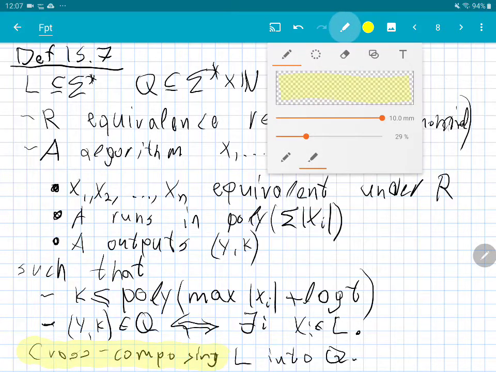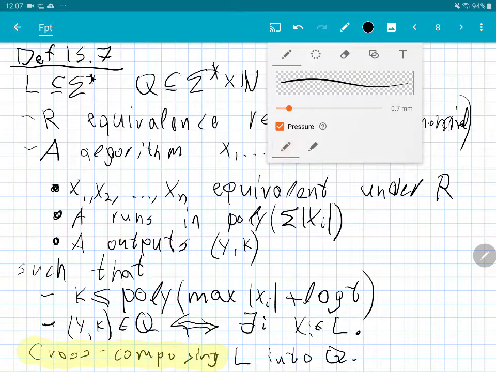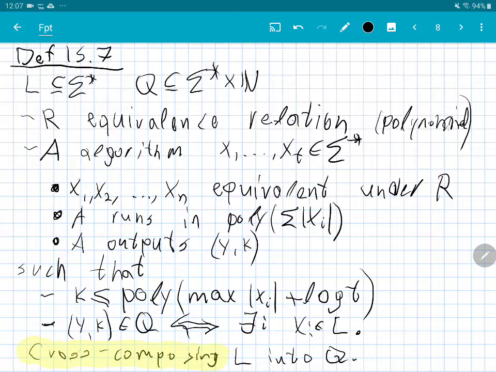Okay, so what is going on? We're given a language L, and we are given a parameterized language Q. So Q is a language with a parameter, right, a regular thing. And first we need, so there are some technicalities which are not very interesting, but they're kind of important. So we have an equivalence relation on the inputs, right?